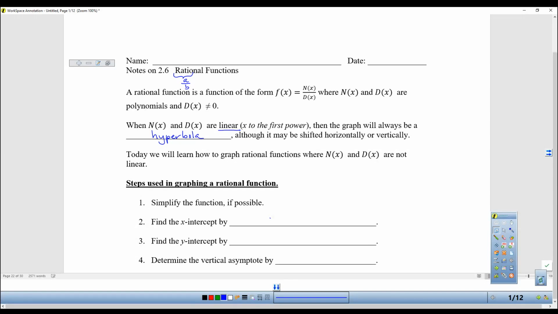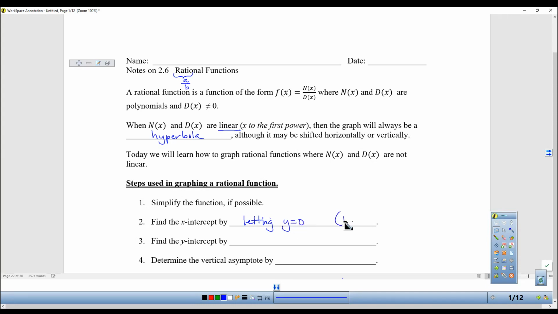All right, so step 1, always simplify the function if possible. Unfortunately, you might only have to simplify one function in every 5, so it's easy to forget that step because you don't always have to do it. But you always have to do the rest of the steps. Find the x-intercept by letting y be equal to 0.